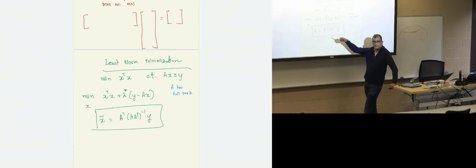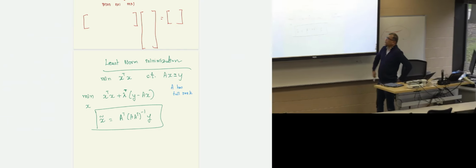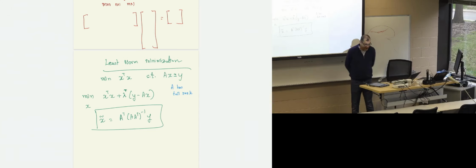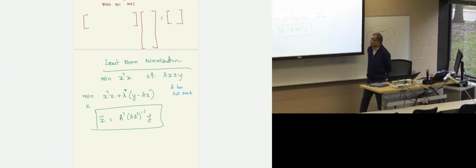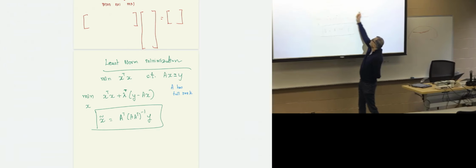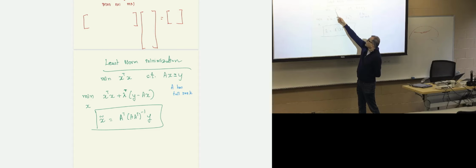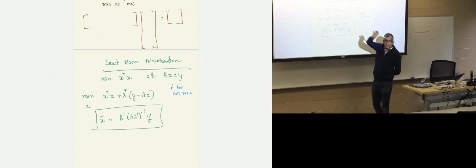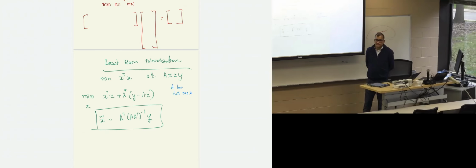You can do an SVD of A and take the inverse of the SVD. But let's worry about that later. So this is the least norm solution. There are many possible x's that can satisfy Ax equal to y, and I want to pick the x that is minimum in magnitude.